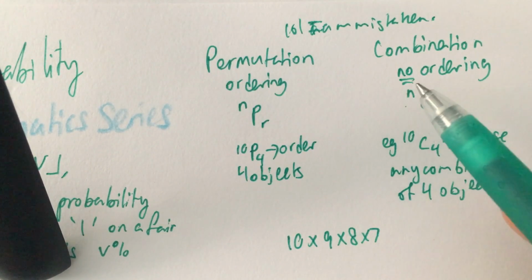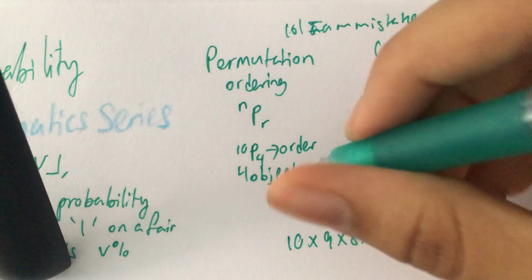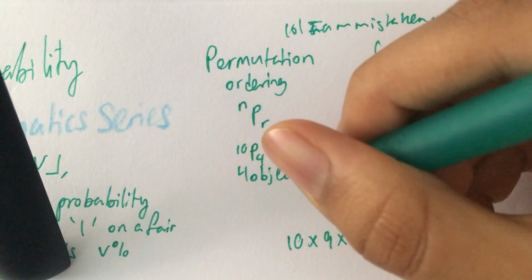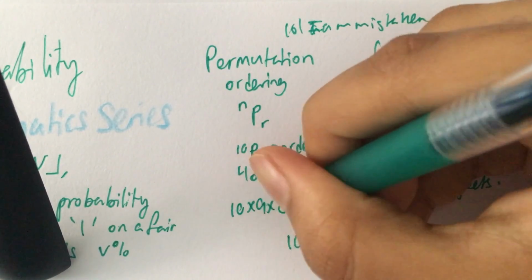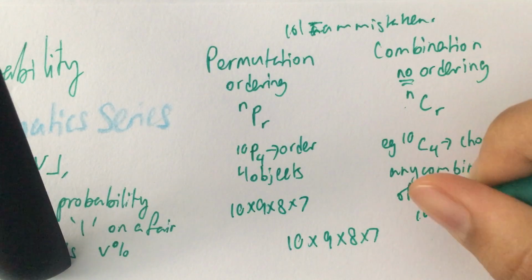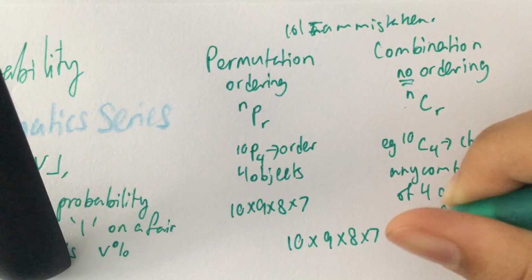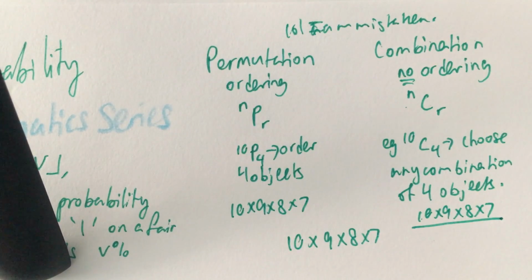So in this scenario, you need to remove all the different permutations of the order, because any selection of that order will still count as one combination. Imagine if you chose a square, circle, triangle, diamond. No matter what order, it will all be counted as only one combination. Whereas in permutation, if you have four of these objects, you can do so many permutations with that, and they will be counted as separate permutations instead of one single combination.